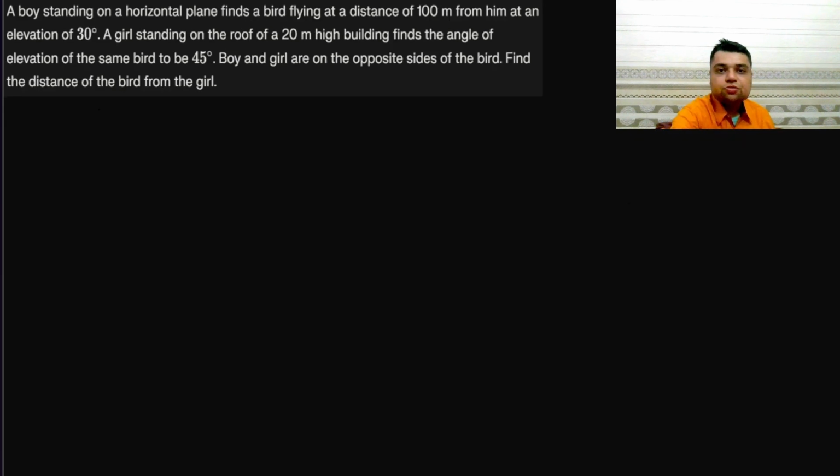Okay, let's see the next question. A boy standing on a horizontal plane finds a bird flying at a distance of 100 meters from him at an angle of elevation of 30 degrees. So there is a boy B. Let's draw the diagram. Boy B, and there is a bird. Let's say this point is A, and the angle of elevation is 30 degrees.